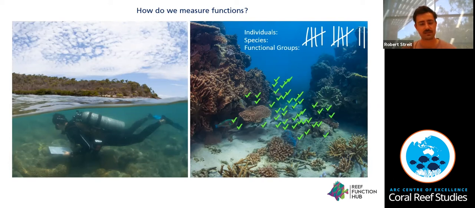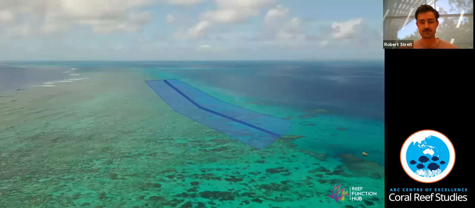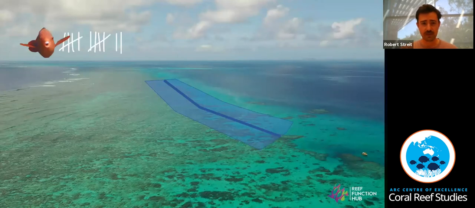And functional groups are essentially just super clusters of species based on what they do. So in our case, in herbivores, there's different functional groups based on what type of algae they remove and how they remove that algae. So that's the ecological purpose, if you want. And then with that data, we collect this very often. It's really good to get an idea of what's there. So we do these transects on reefs, we count fishes, and we know what type of algae they consume.